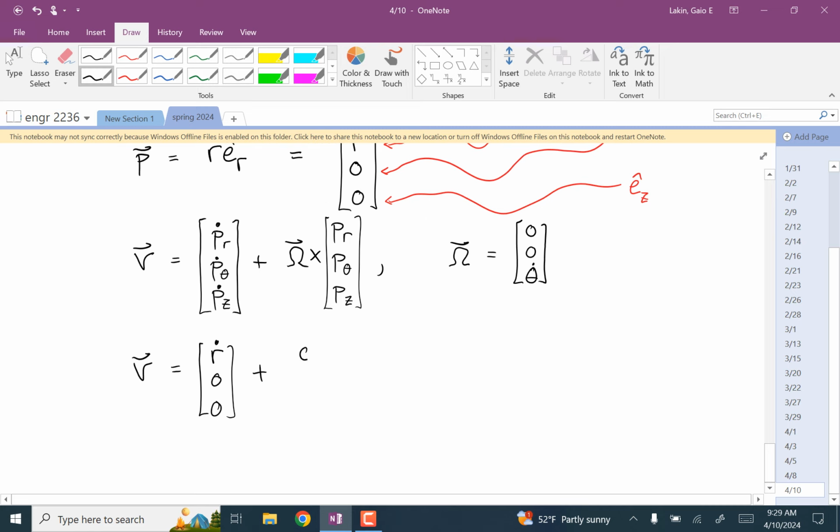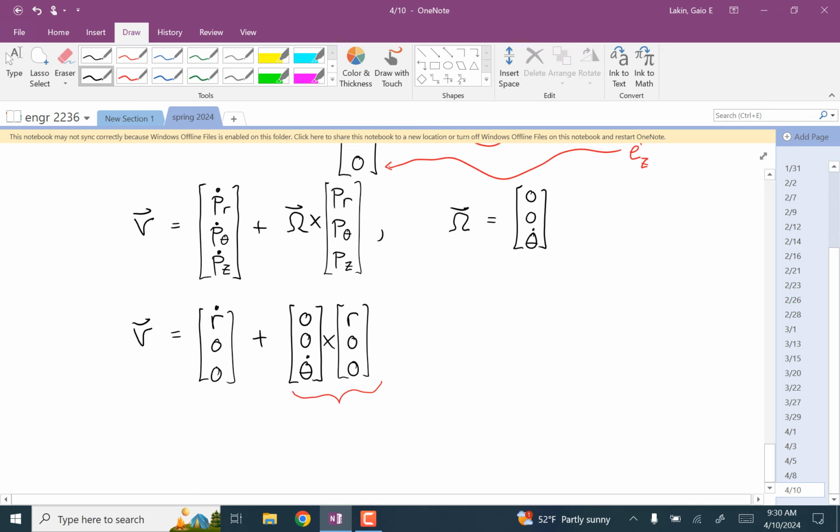Plus 0, 0, theta dot crossed with r, 0, 0, the position vector. If you take this cross product, that comes out to be 0, r theta dot, 0.